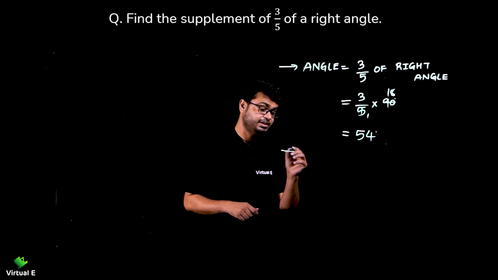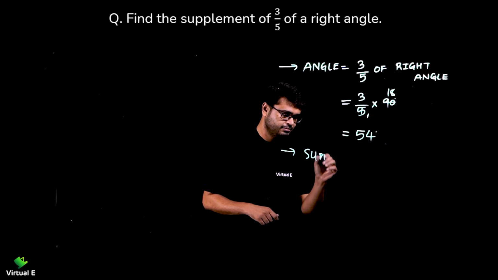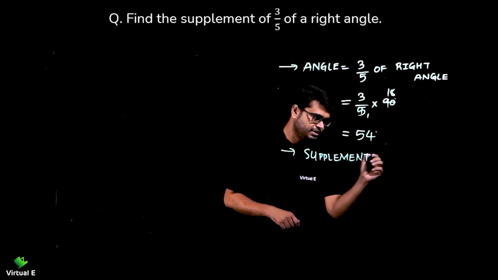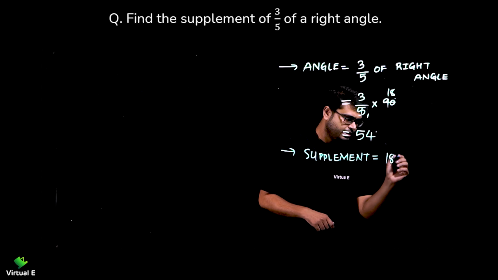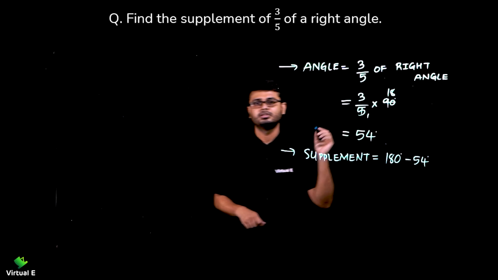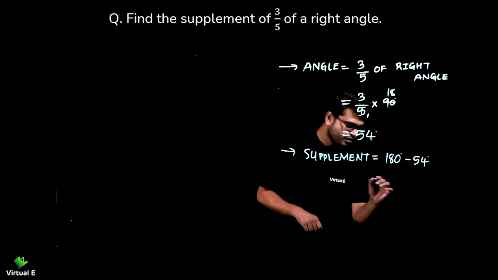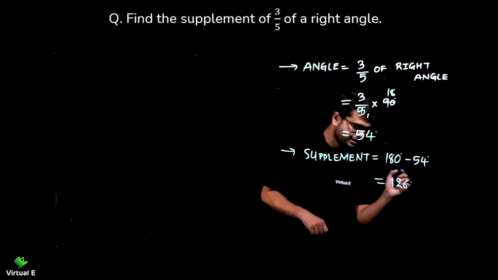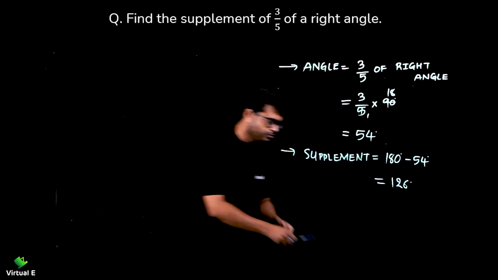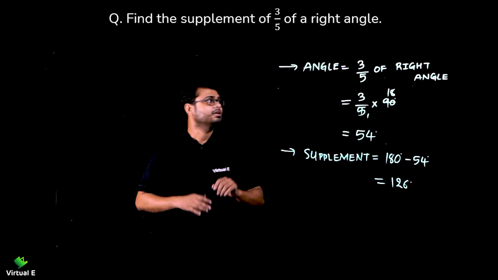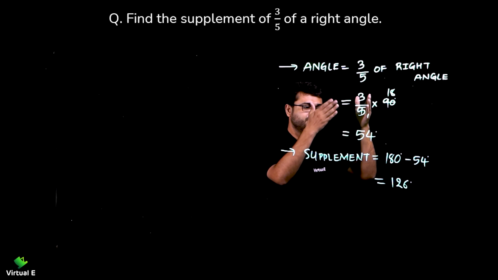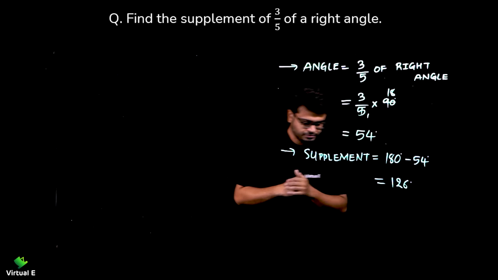So let's find the supplement, that is supplementary angles are 180 degree minus 54 degree. So if you subtract, you are going to get 126 degree, right? So that's a very simple question, nothing much to do. But here you have the angle in the form of right angle. So first of all get the angle, then subtract from 180.